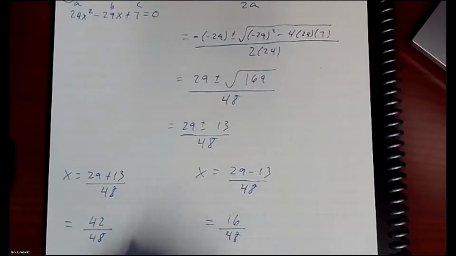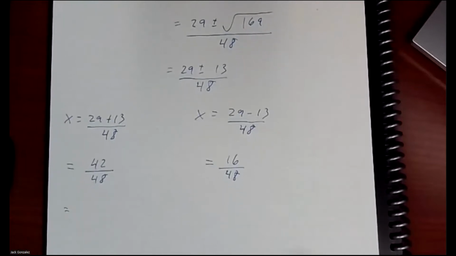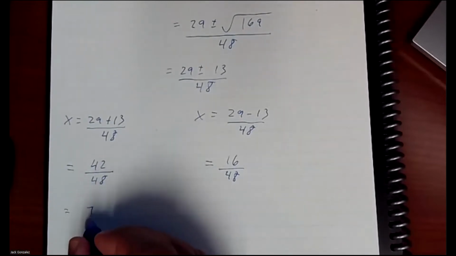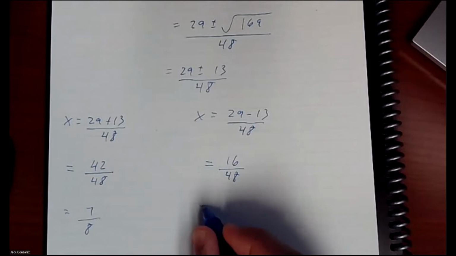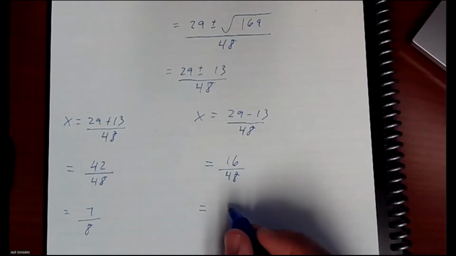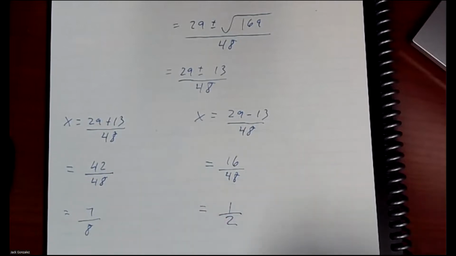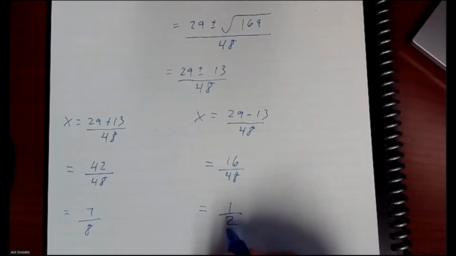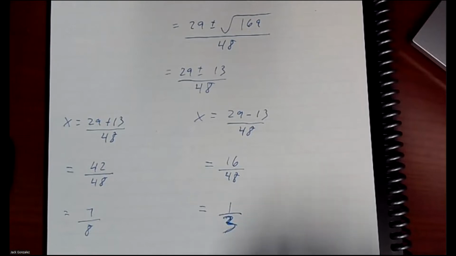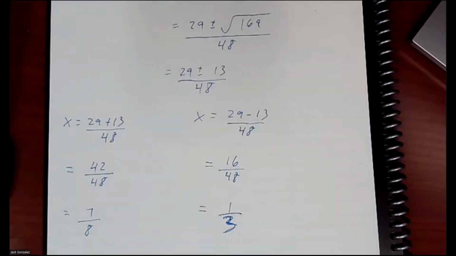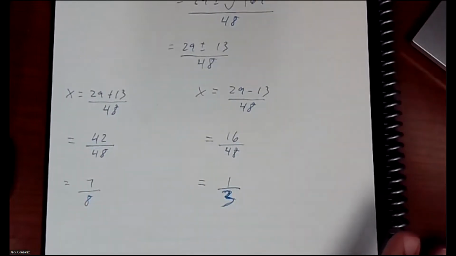This reduces, factor of 6, into 7 over 8. This becomes 1 over 3. Okay. Any questions on 15?